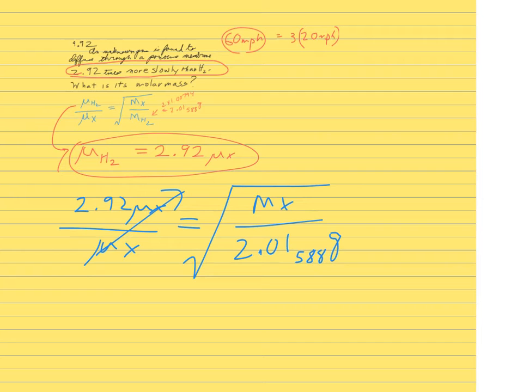Cross out that speed and you get 2.92 equals the square root of Mx divided by 2.01588 grams.